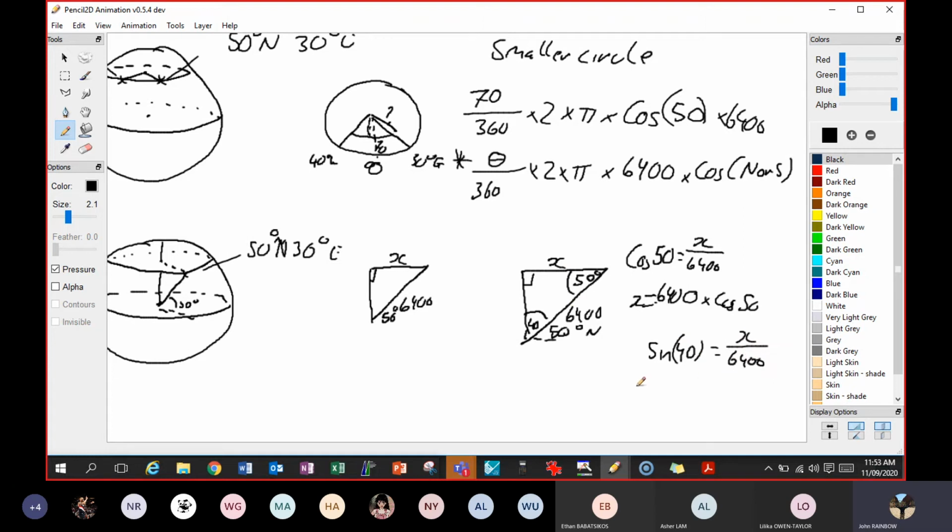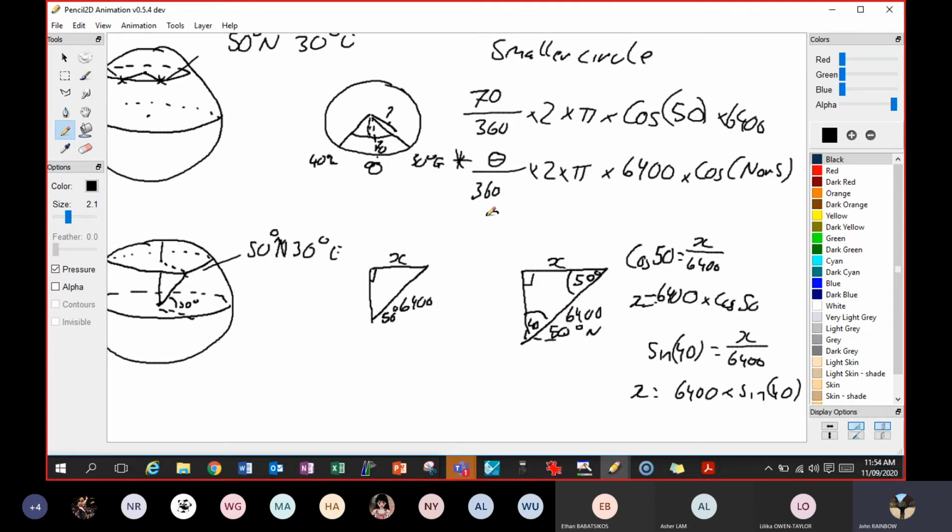So x would be equal to 6,400 times sine 40. Now, if you think about how you get this sine 40, it's 90 minus how far north you've gone, because that's going to be the other angle, right? Like north, because that's 90 degrees minus how much you have in there.